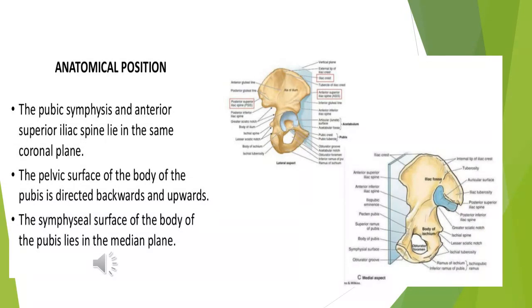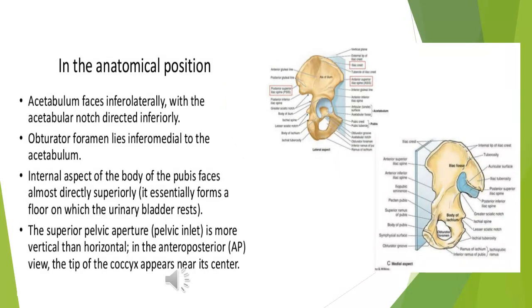These points we have to remember while dealing with the hip bone as well as the bony pelvis. We can see that the acetabulum faces inferolaterally, with the acetabular notch directed inferiorly. Inferomedial to that is the position of the obturator foramen.